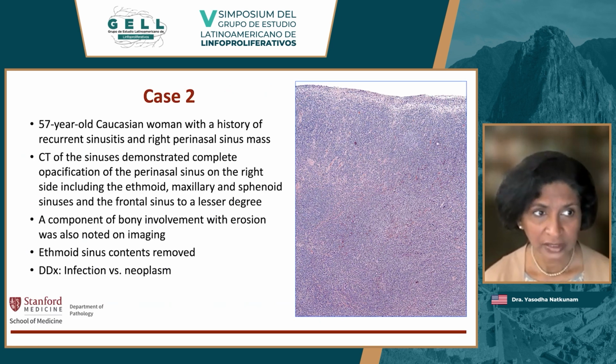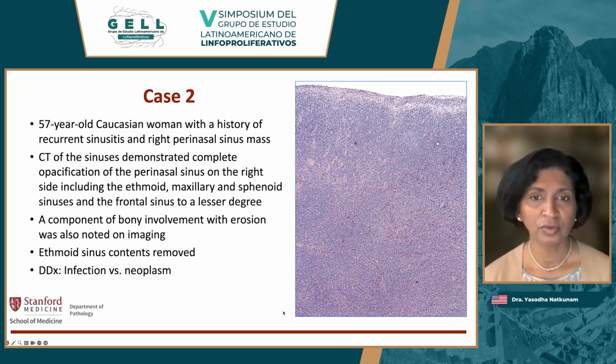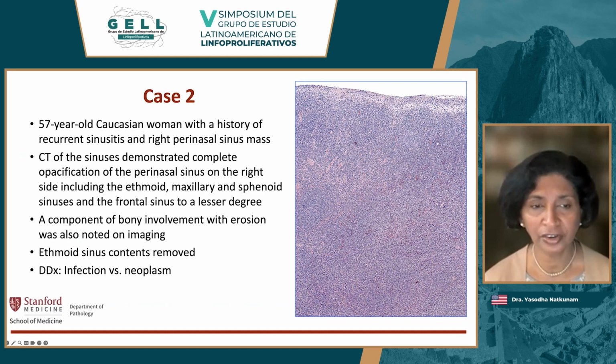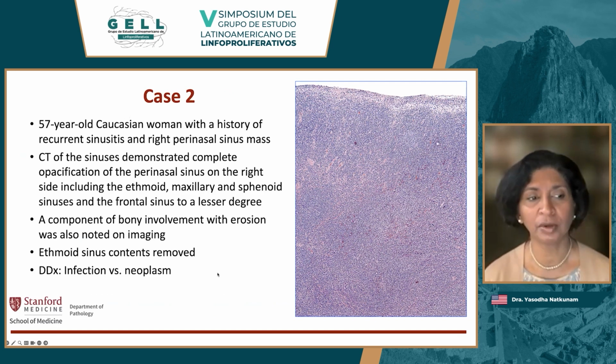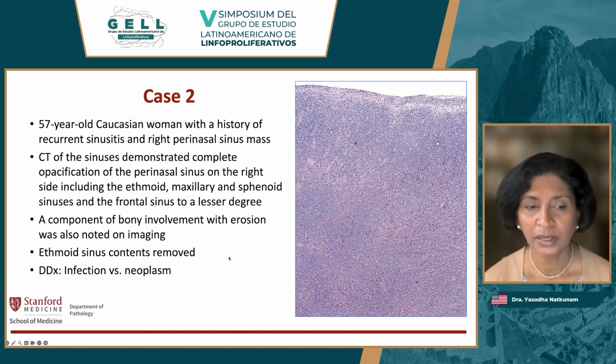This is another case of a 57-year-old Caucasian woman who presents with a history of recurrent sinusitis. So this is somebody who doesn't have an ethnic or geographic predilection for the disease, but the sinus demonstrated complete opacification with perinasal sinus involvement, and also there is a component of bony erosion.